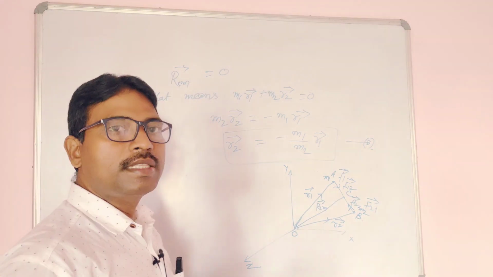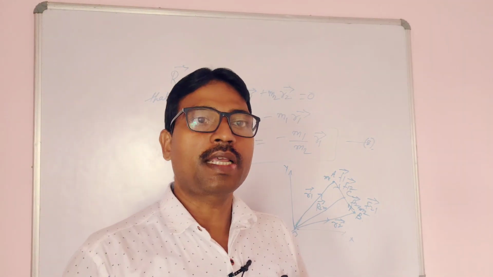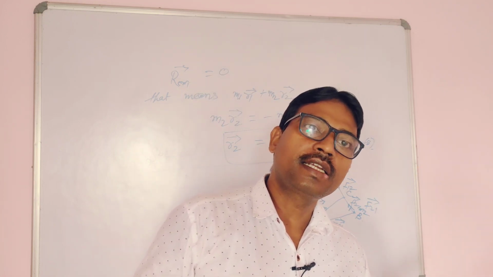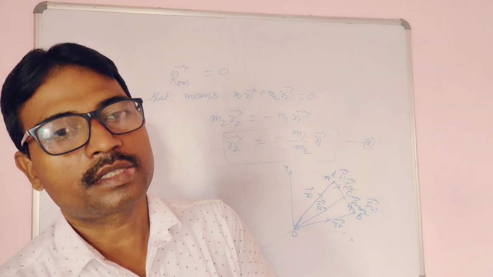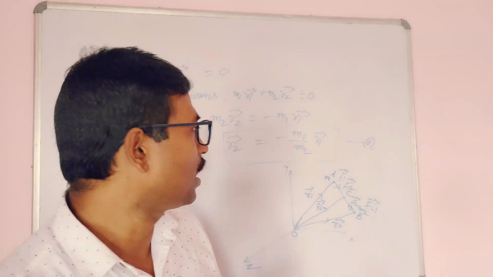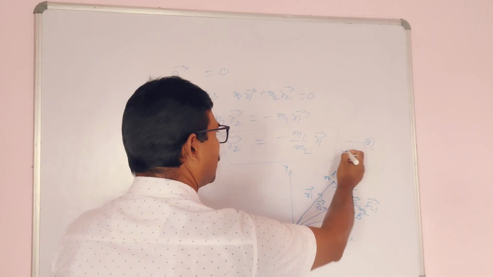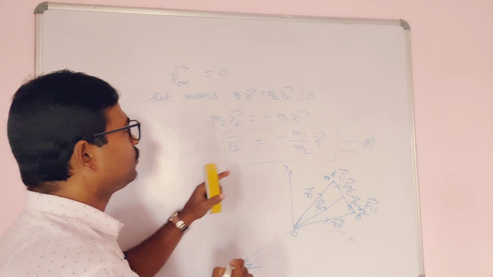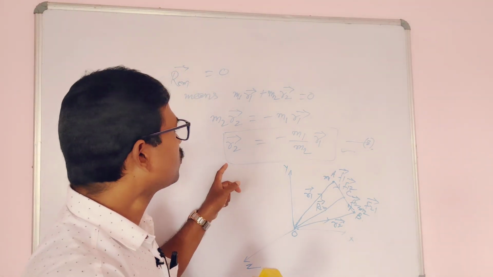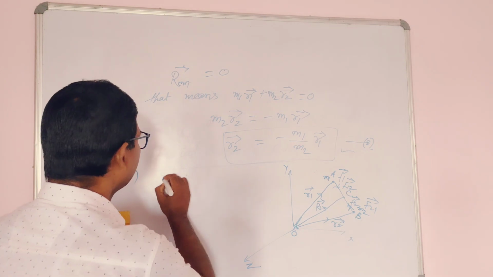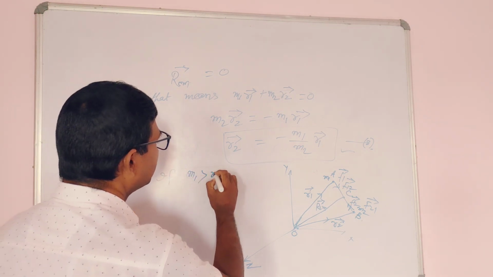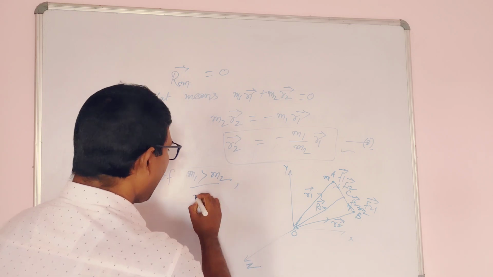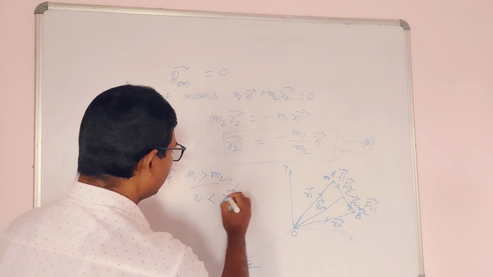Either the particle of mass m1 lies on the left-hand side and m2 on the right-hand side, or vice versa. But another important point is this: if m1 is greater than m2, you will get r1 less than r2.